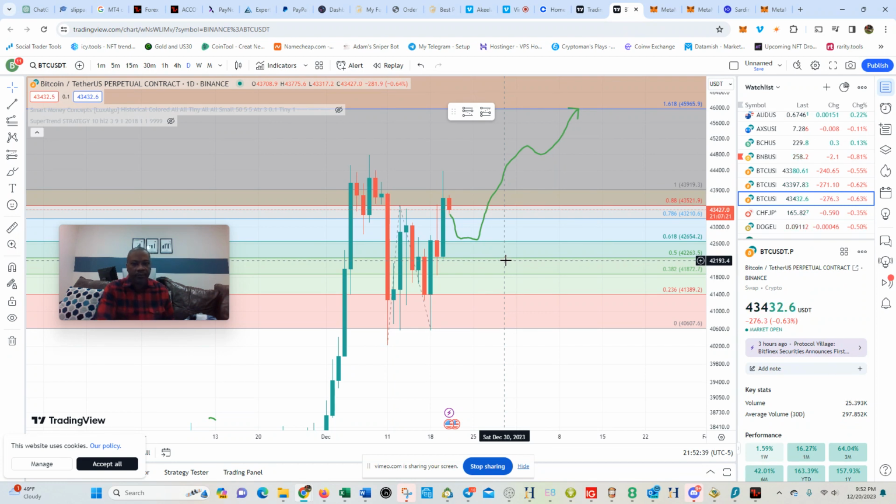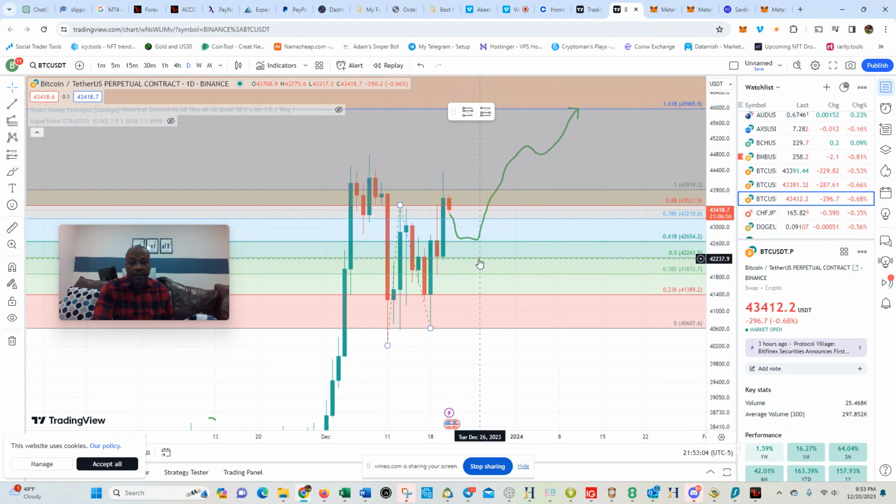So right now the price is 43.4. Stop loss around 42. Let's just round it off to 42.2. That gives us about a $1,200 stop loss. And so in my mind, this is a good opportunity to trade one Bitcoin for a risk of about $1,200.